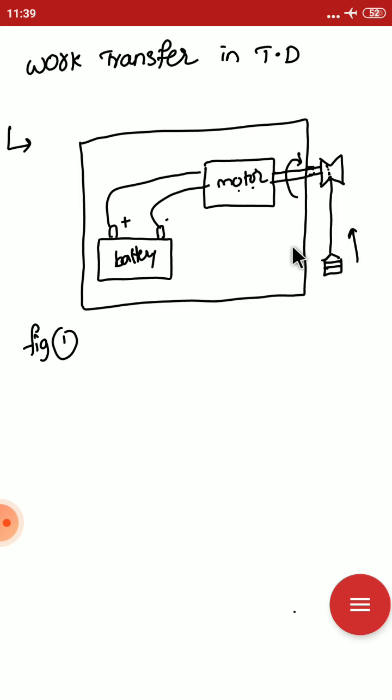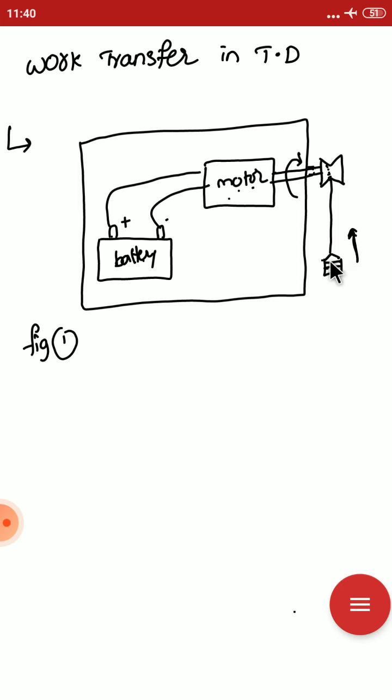Now the sole effect of the system, the combination of the battery and motor, is external to the system. External to the system means everything outside the system, that is the pulley or the weight, which is helping in lifting the weight.